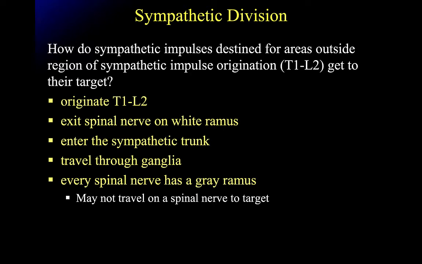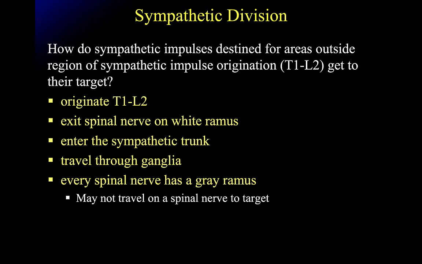So if we think about how this is going to work, we leave the gray matter from the lateral horn, we get onto the anterior root. In the intervertebral foramen, that joins with the posterior root to become the spinal nerve. We then, very quickly after that, exit on the white ramus communicans, and that's going to allow us to enter the sympathetic trunk and to get to a sympathetic trunk ganglion.